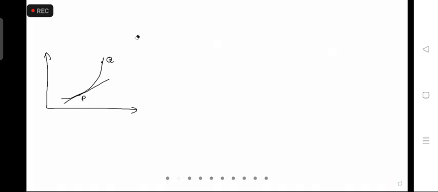Your question is to find the equation for the tangent line at the point P. So assume that this is the exact tangent line.